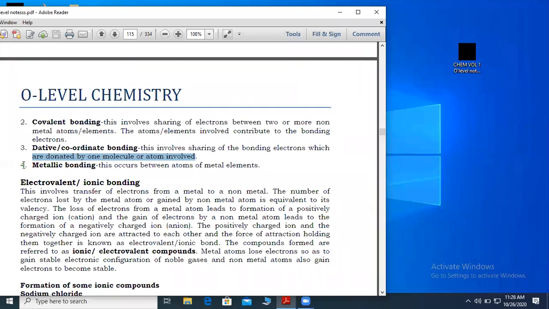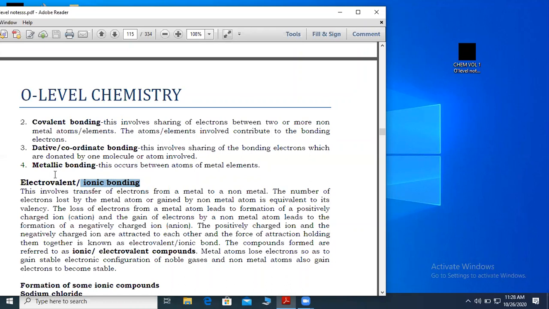So let us now look at ionic bonding in detail. We already know something about ionic bonding. I want you to write these key words in your notebook.